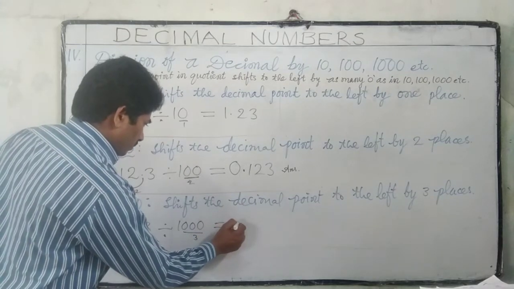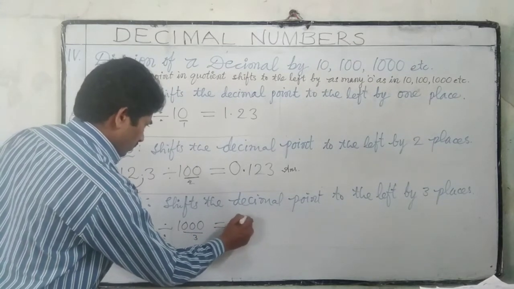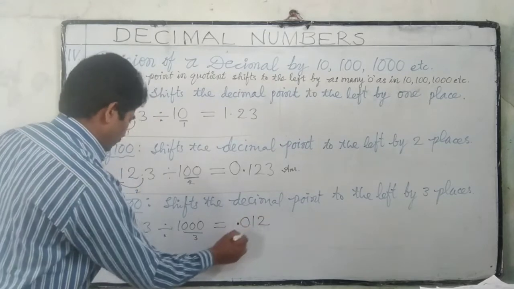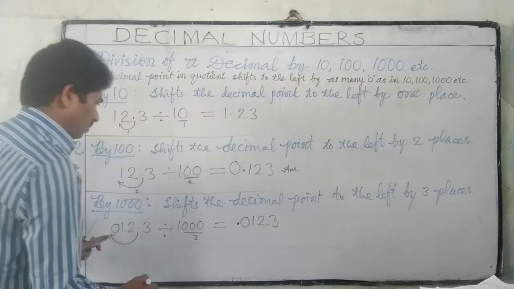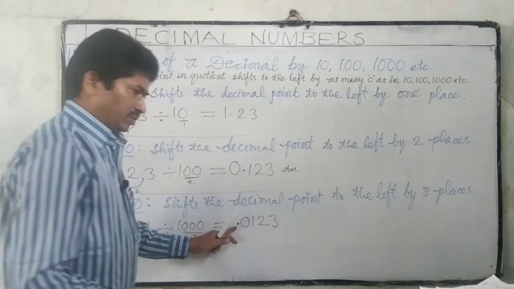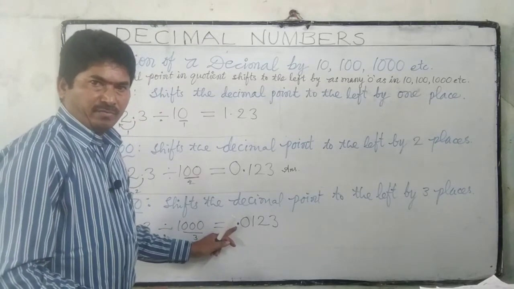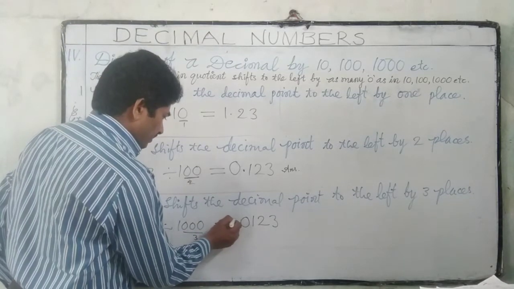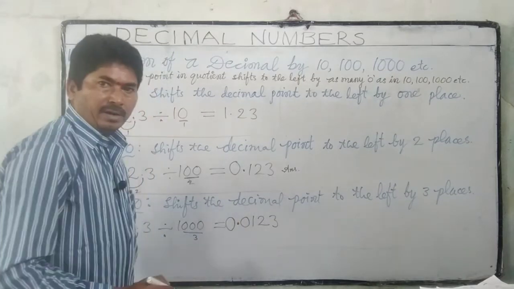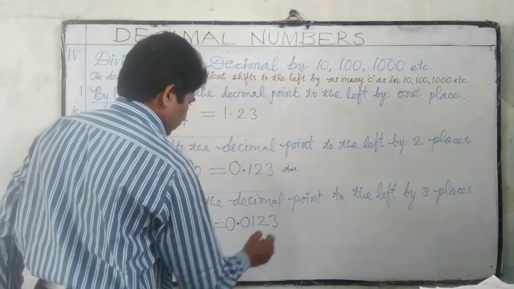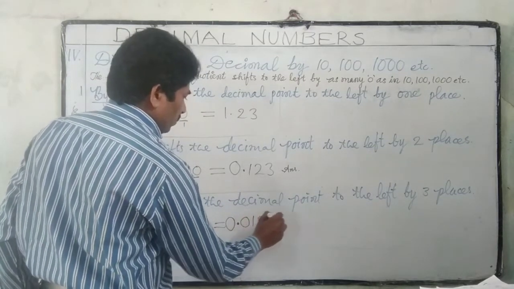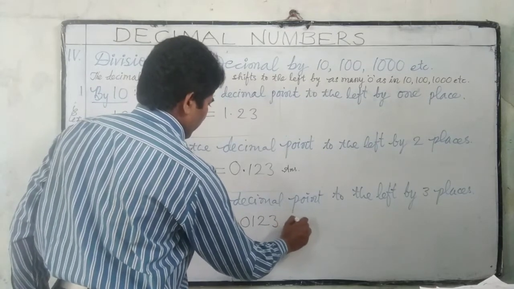Point 0, 1, 2, 3. To give prominence to this decimal point, we have to place 0 in the integral part. So 0.0123 is the answer.